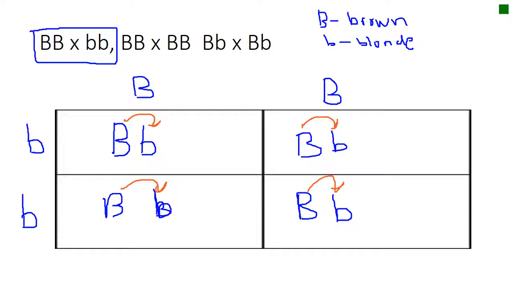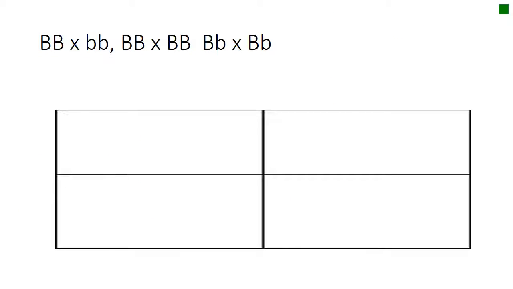Okay, so in another example, now let's take this kind of a cross here, where we have a heterozygous being crossed with another heterozygous. What would it be?